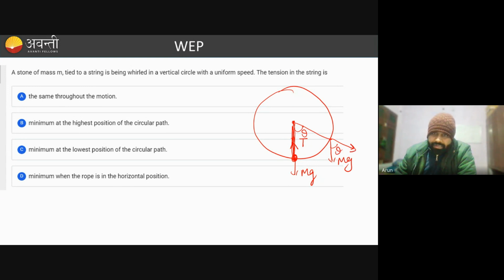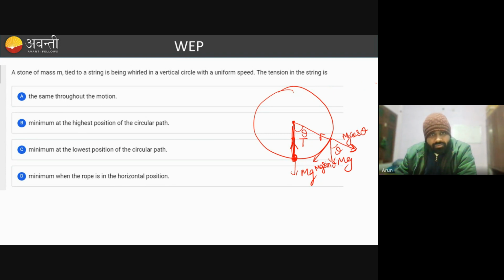So this component will become mg cos theta, and this component will become mg sin theta. Now we are interested in tension. So tension here is equal to mg cos theta. I'm equating it, but it is not equal. In the radial direction, we have acceleration also.